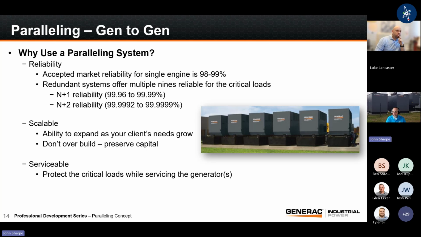So scalability is another method. The last thing we talk about is serviceability, especially if you're serving NEC 700 type loads. You want to make sure that 10-second load is going to be backed up all the time. And I've still got to change oil. I've still got to change filters. I've still got to clean the fuel system, everything along those lines. But I don't want to take the whole system off in order to do so.